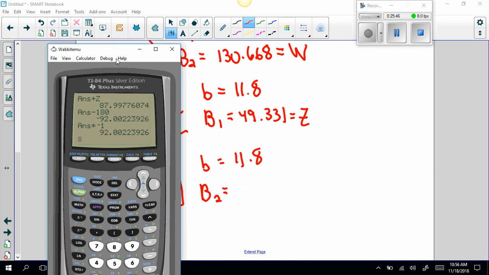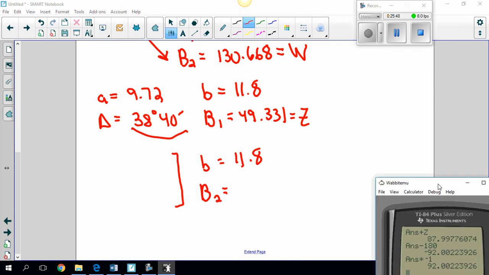Careful. Sorry. So this is the reference angle.